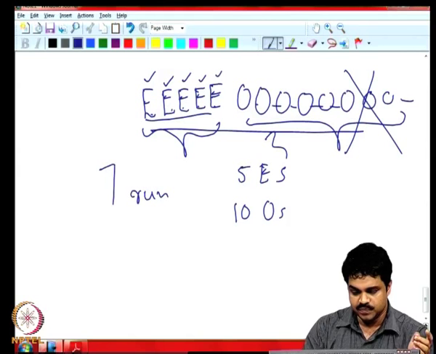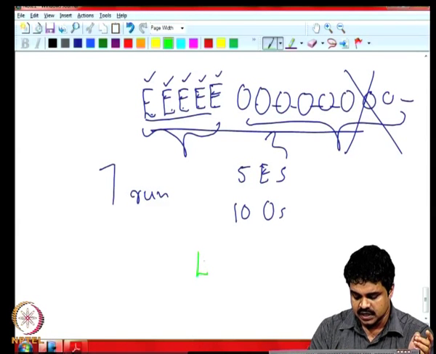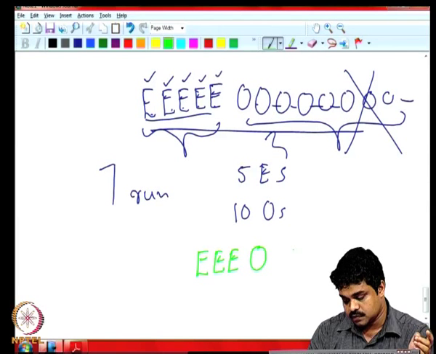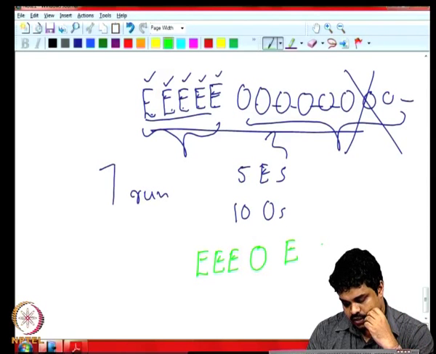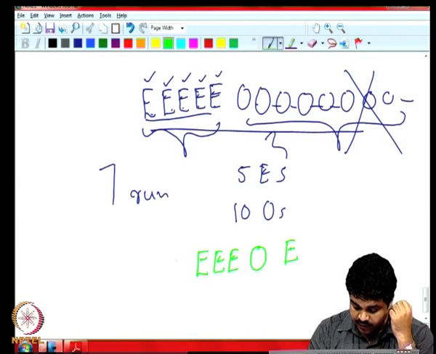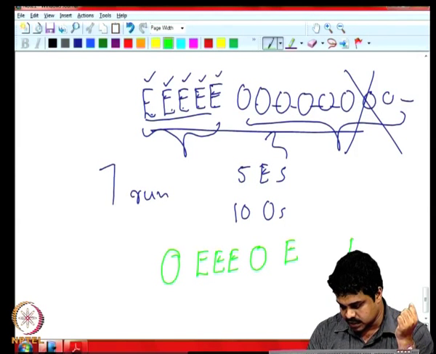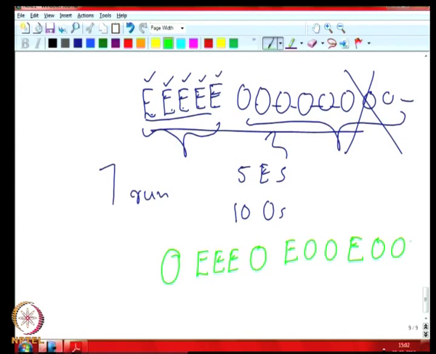So, this will not be a valid pattern for us, we are not counting this at all. But we are interested in patterns like, for instance, I start with 3 E's. If I put an O here, then we can put something like this, and then the remaining are all O's. So, 1, 2, 3, 4, 5, 6, 7, and then till 10 O's I will put.